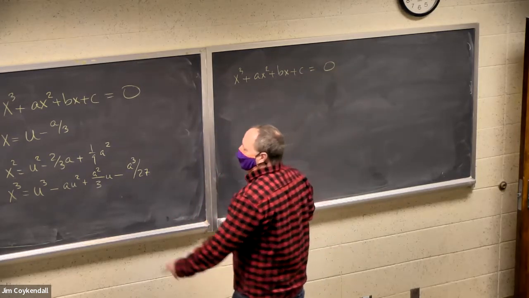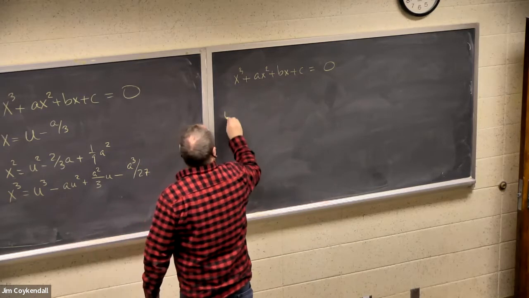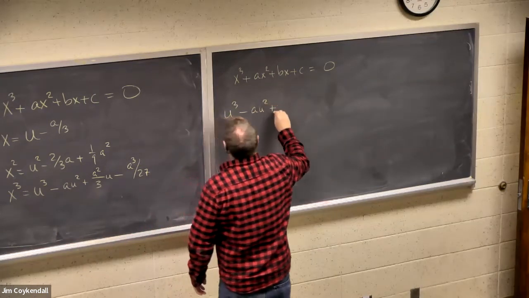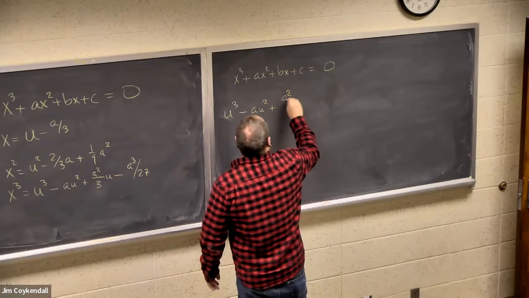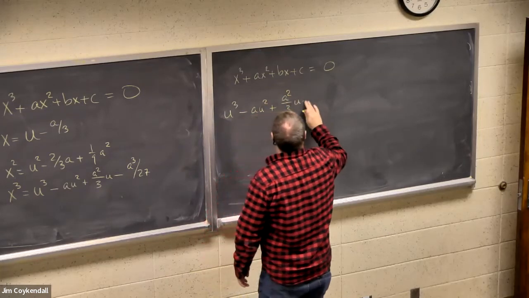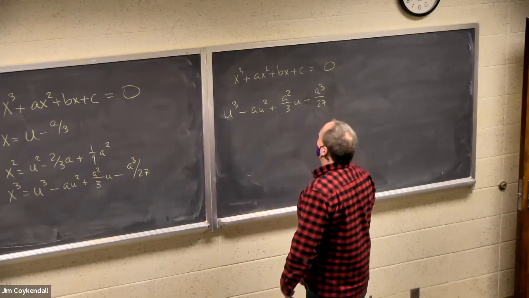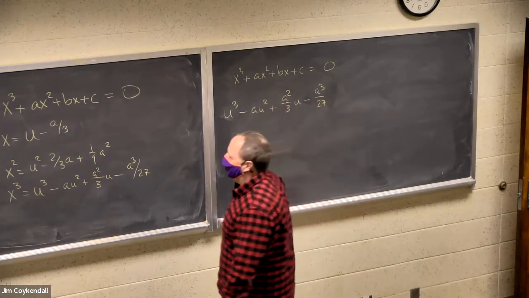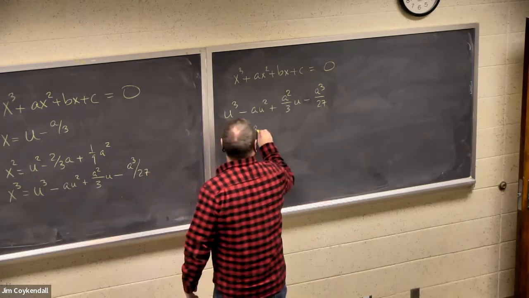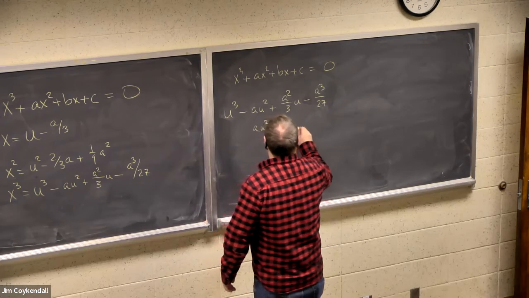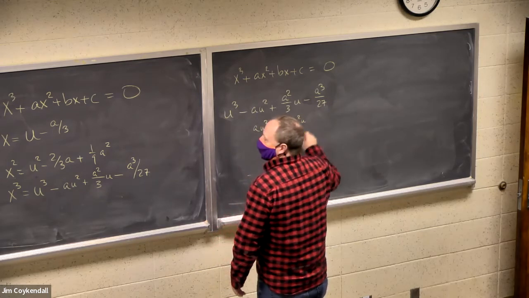If we do the substitution here, I'm going to replace this by u cubed minus a u squared plus a squared over 3 u minus a cubed over 27. And then a times x squared, well, that's going to be a u squared minus 2/3 a squared u.